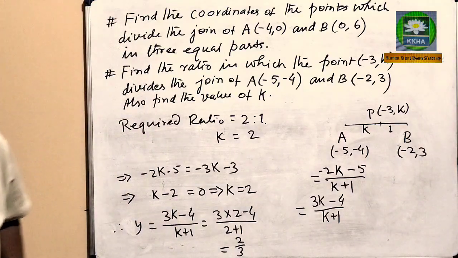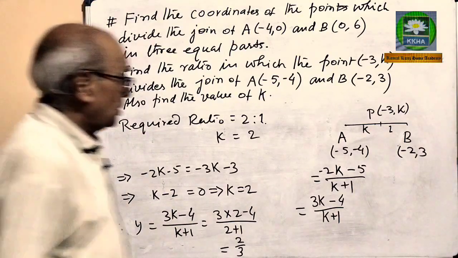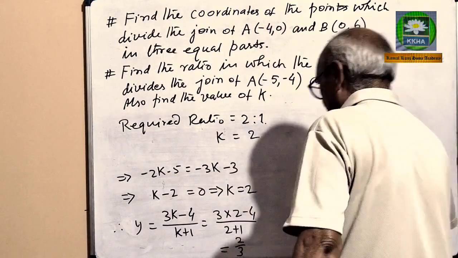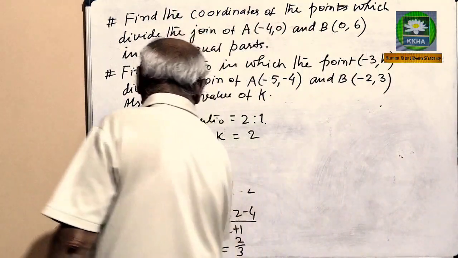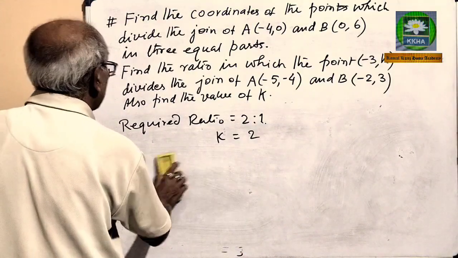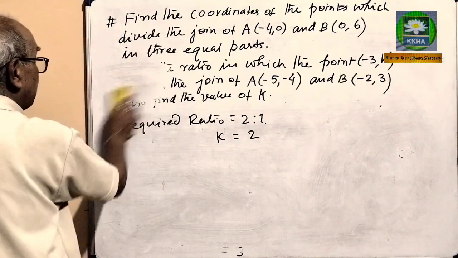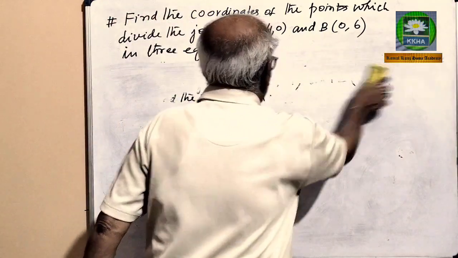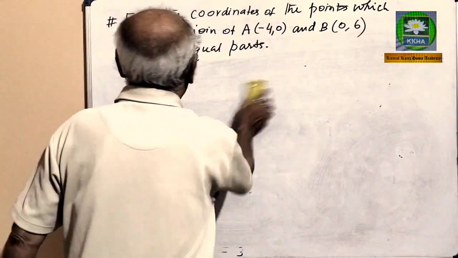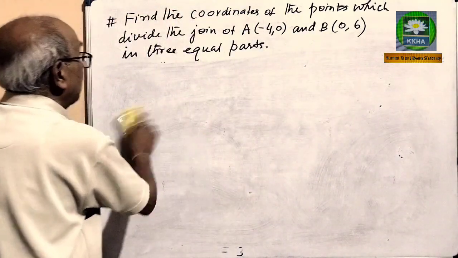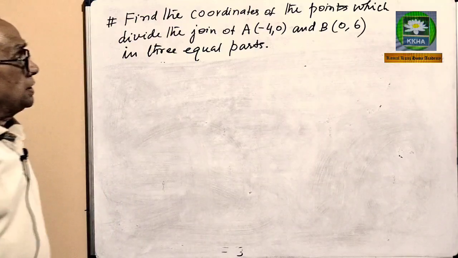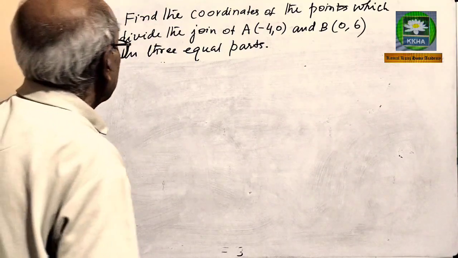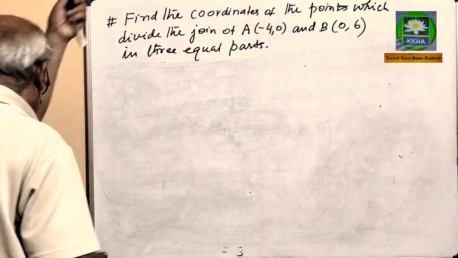To solve the next problem, find the coordinates of the points which divide the join of A and B in 3 equal parts.